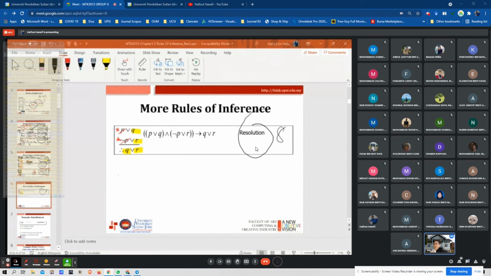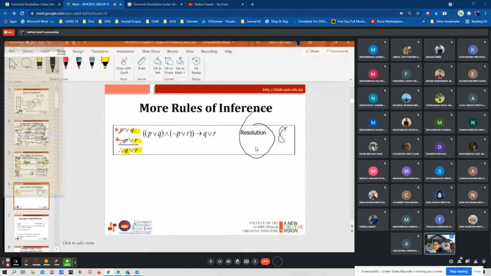You have P or Q, and then the next hypothesis is negate P or R, and then here you should resolve the two clauses, giving the empty clause.